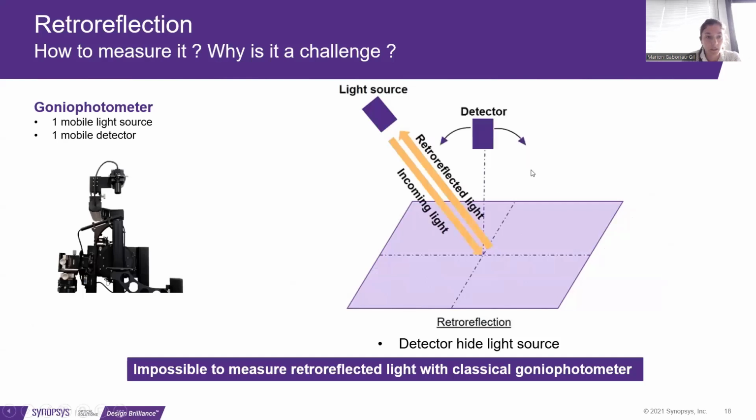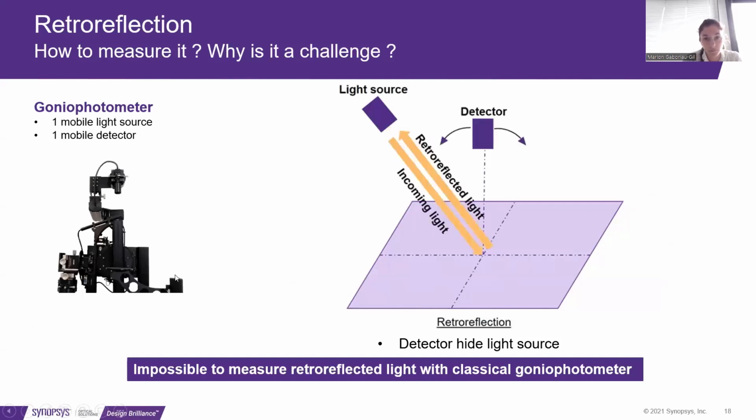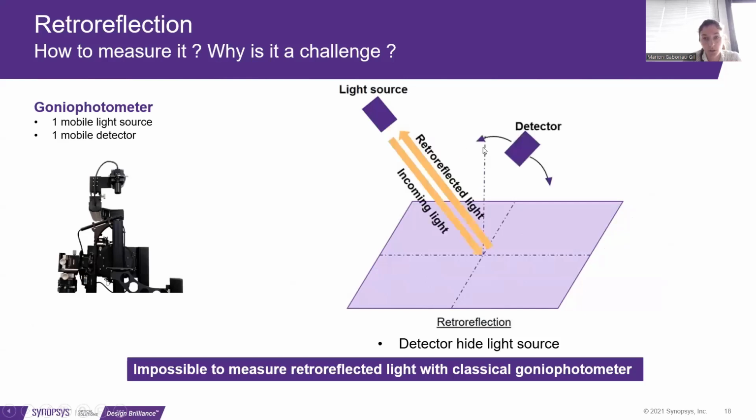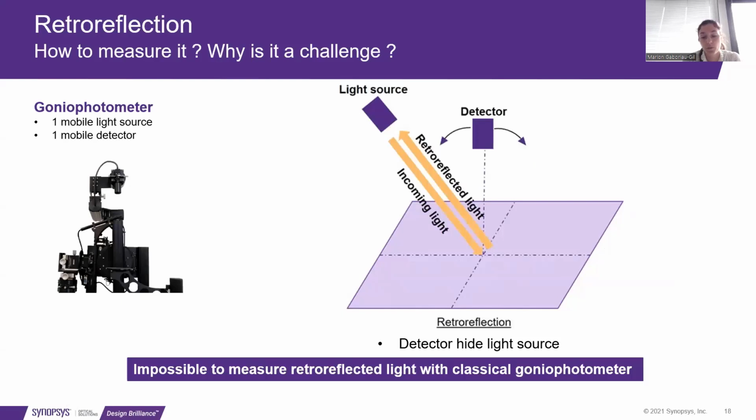I explained that there are two ways to measure BSDF. First, with a goniophotometer. You can see that with a goniophotometer, in the retroreflection configuration, in fact, the detector hides the source. So it's clearly impossible to measure retroreflected light with a classical goniophotometer.